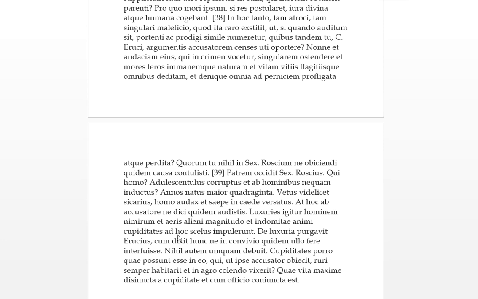Ad hoc scelus, to this crime, again it's neuter, impulerunt. So, igitur, therefore, luxuries have impelled or driven this hominem, obviously, and the size of his debts and his insatiable lusts have driven him to this crime. De luxuria, concerning luxuries, purgavit Erucius. So Erucius is the nominative.